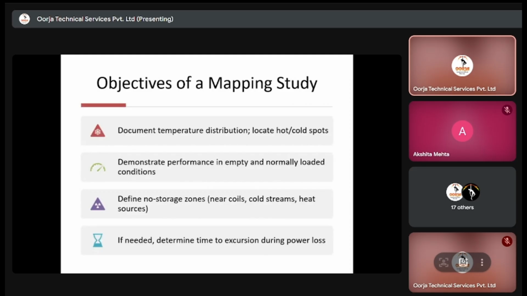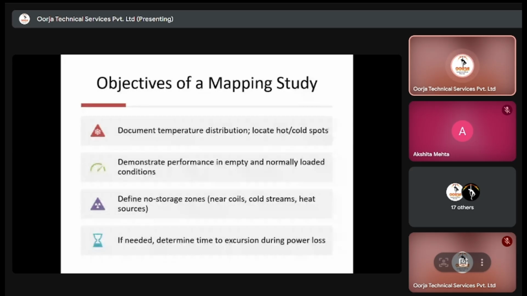Now, as we know, the storage area basically consists of air, and in air there is always a possibility of variation in temperature, because these are subject to non-uniformity of temperature, right? The area near the heating coil or any AC may have a different temperature, and as we go away from that area, the temperature will definitely vary.